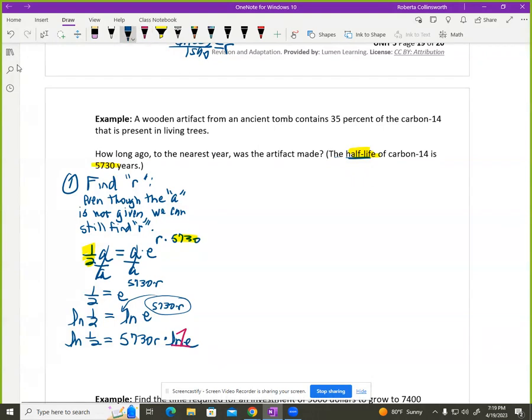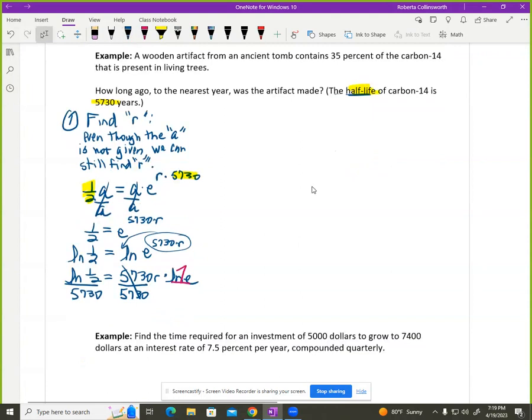So to find out what R is, I'm going to divide both sides by 5,730. So I know that ln, I'm going to replace this with 0.5, divided by 5,730 equals R. So I found R. I want to know how long ago to the nearest year the artifact was made.